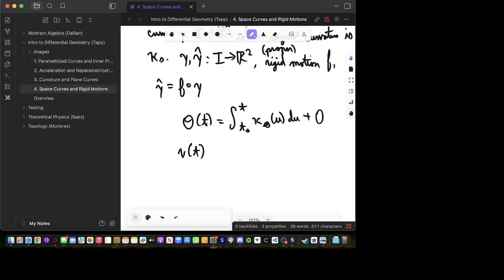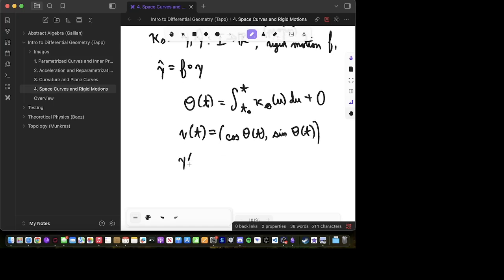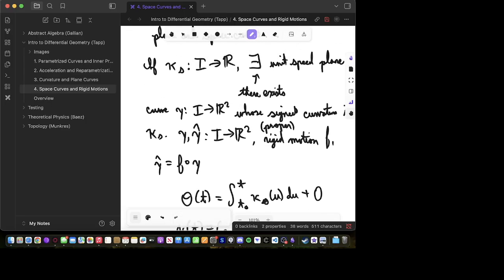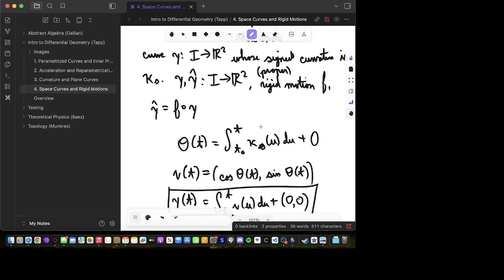Then define velocity as cosine theta, sine theta. Then we can define gamma as the integral of this, and we've done it. We've defined a curve such that it has the signed curvature function supposed above.